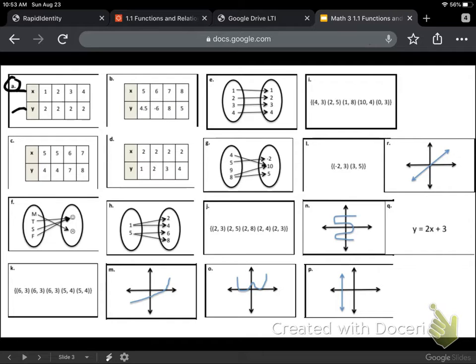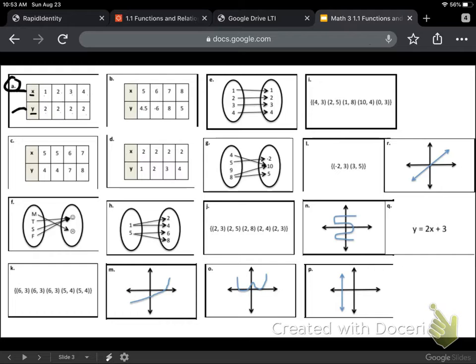Let's look at this. We have a 1 right here, and it goes to a 2. We have a 2, it goes to a 2. We have a 3, it goes to a 2. And we have a 4, and it goes to a 2. Question is, does every input, every X, go to only one Y?